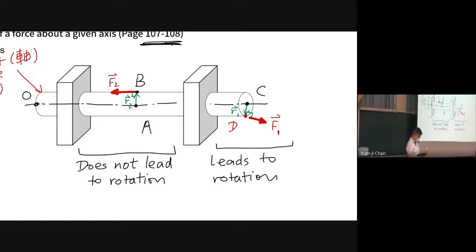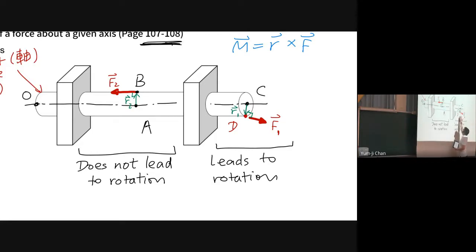How do we determine moments in mathematics? M is equal to what times what? What cross what? M is equal to R cross F. And in the direction sense, we follow the right hand rule, right?